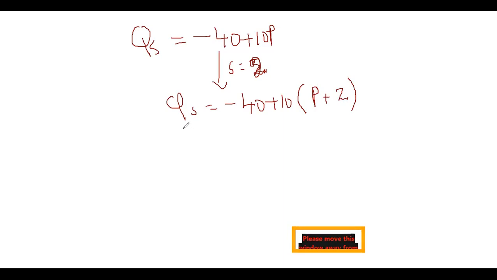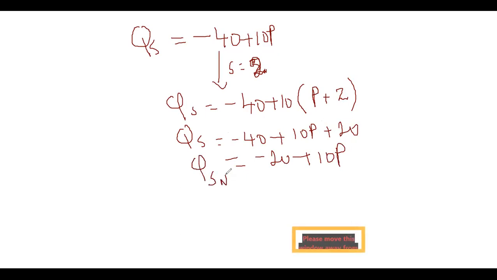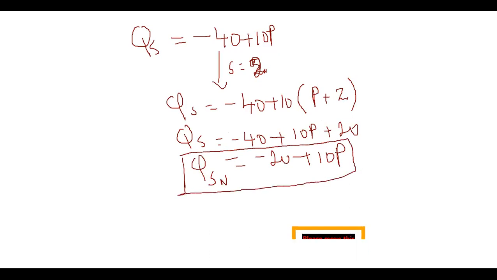So QS = -40 + 10P + 20, which gives -20 + 10P. This is the new supply equation. Students, your first step is getting this equation.